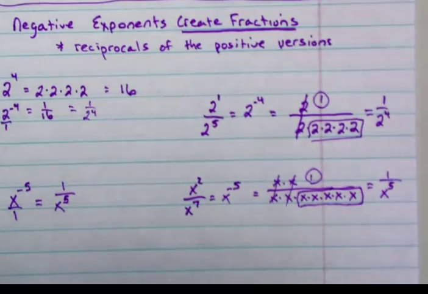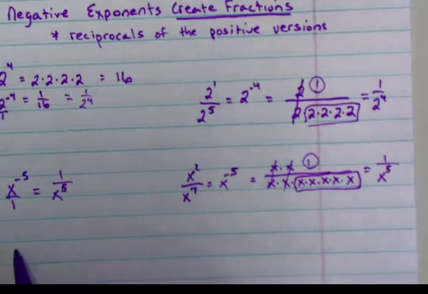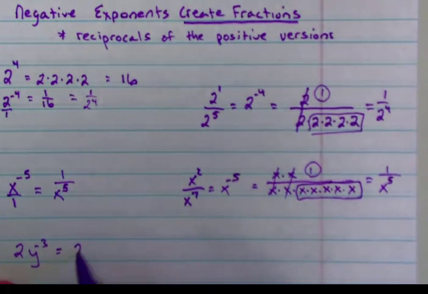This becomes a little bit more complicated when you involve coefficients. So if I have something like 2y to the negative 3rd, keep in mind that 2 is a coefficient. The negative exponent is actually attached to the y, not the 2. So this is 2 times y to the negative 3rd.